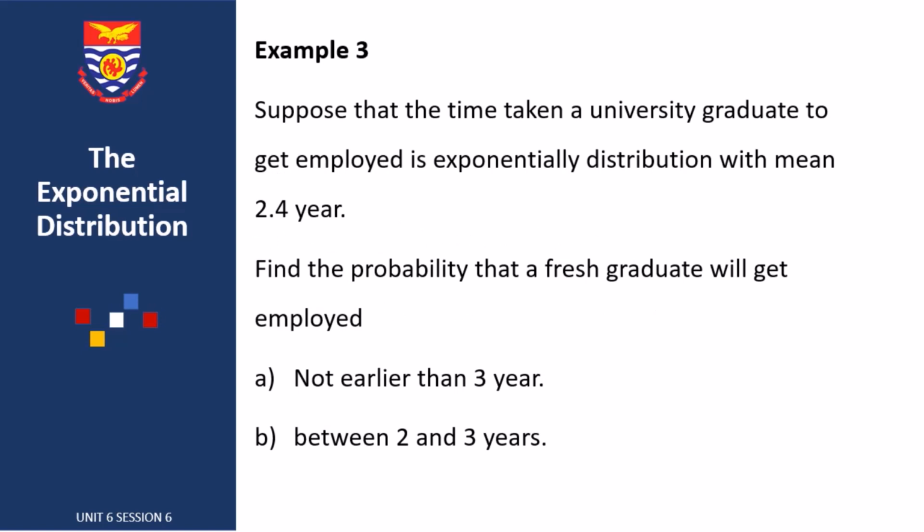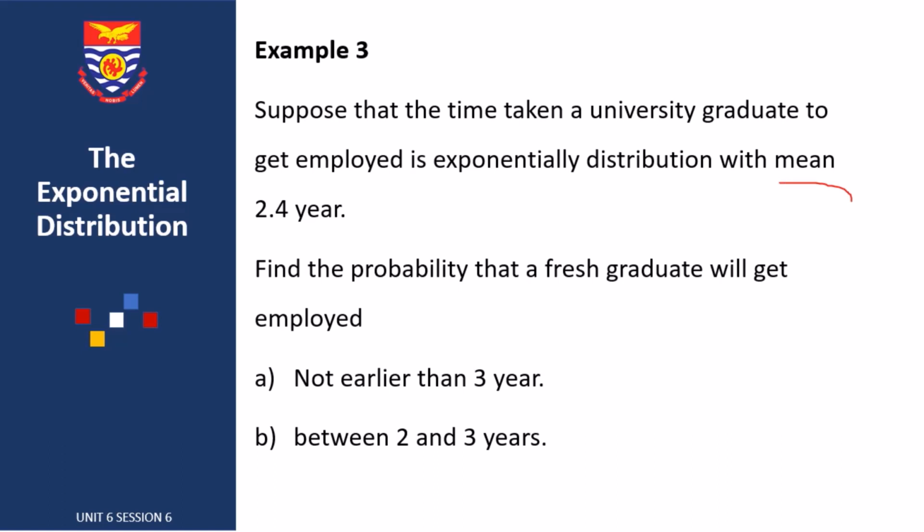Let's continue with example 3. Suppose that the time taken for a university graduate to get employment is exponentially distributed with mean 2.4 years. Remember, this one is telling us the mean to be 2.4 years.